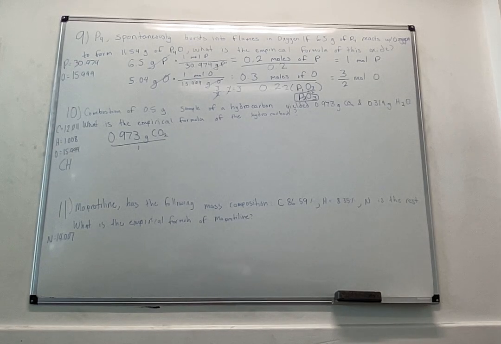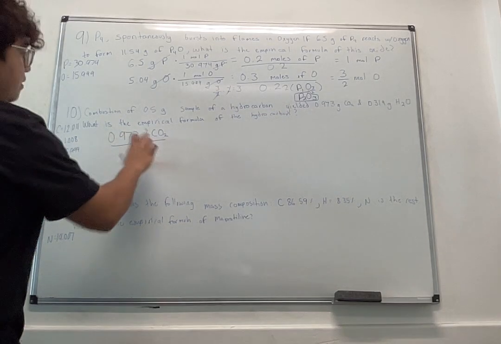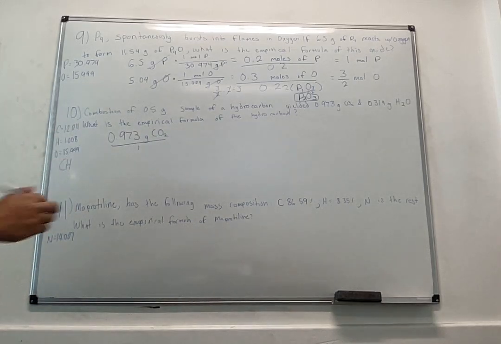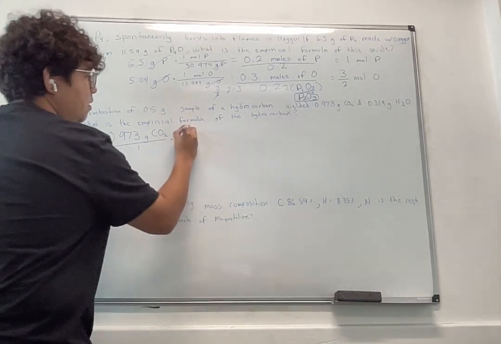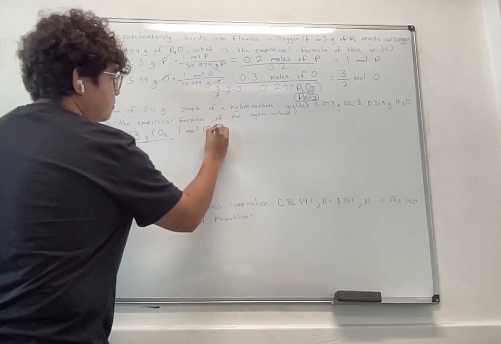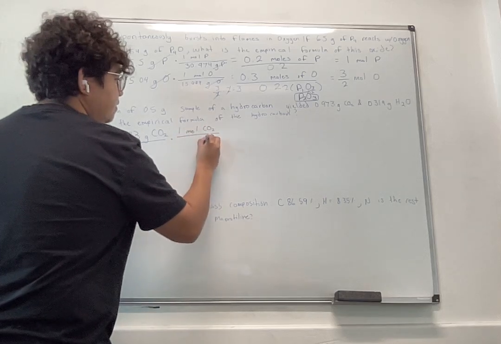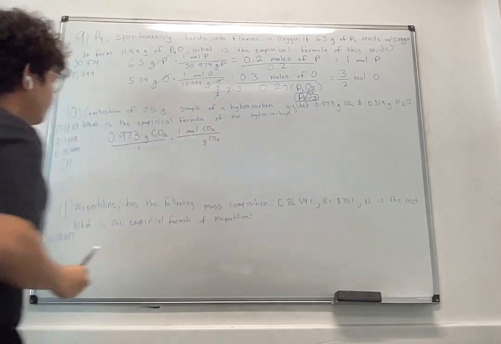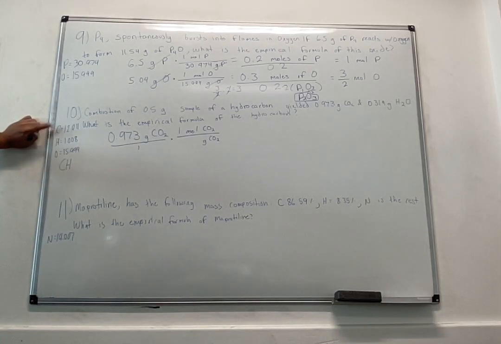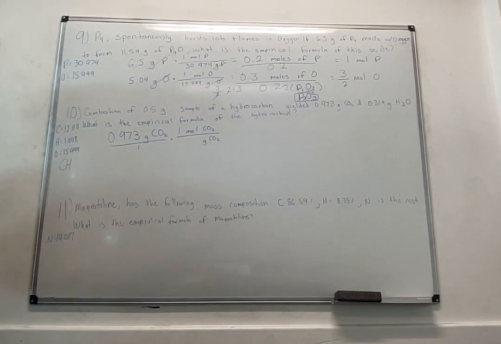I need to turn this into moles, and this is going to be the same process for you to turn hydrogen into moles. So they give us the grams. I need to find the weight of CO2 because we got 1 mole CO2 over the grams of CO2. So we've got carbon, which is 12.011, and we've got oxygen, which is 15.999.